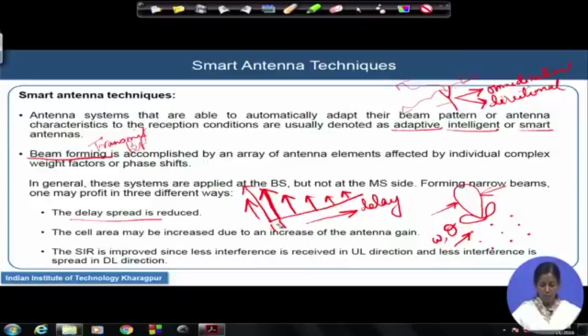Now, this is the situation if you release the energy over 360 degrees from the antenna. For directional antennas, we prefer to feed all the power towards a certain direction. In that way, you may not get all the multipaths, because power is not released in all directions.